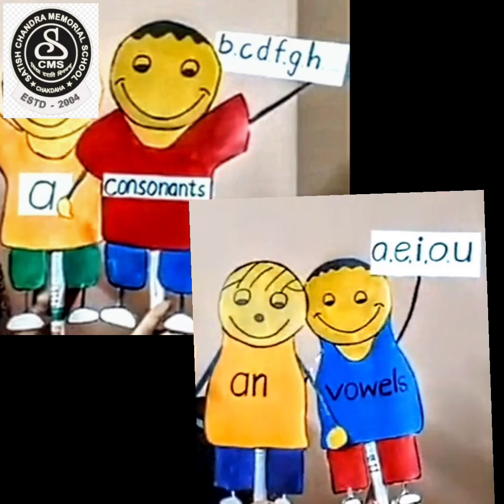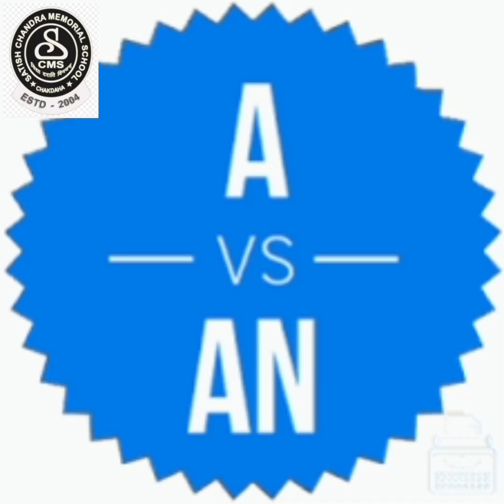So children, what we have learned just now? A is the best friend of consonant and an is the best friend of vowels. And now we are going to learn where to use A and where to use an. So children, come, let's see.